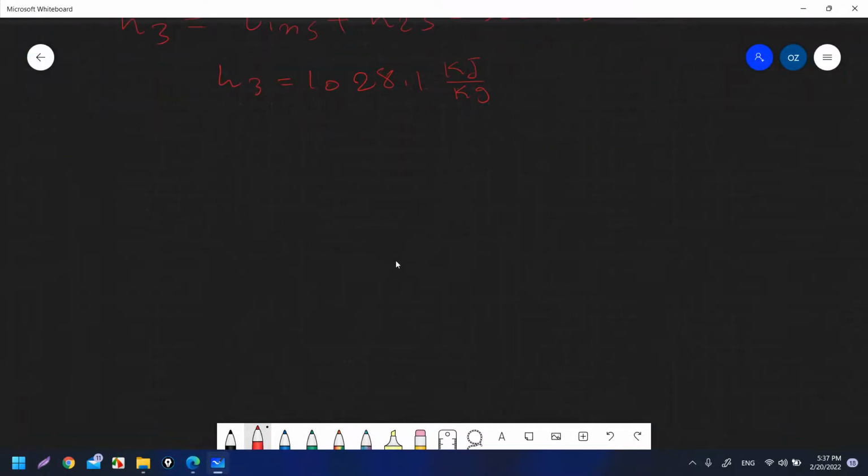Okay, so H, PR: 1023.25, 1028.1, which is H3, and 1046.04, and the corresponding values for PR are 105.2, I want to find PR3, and 114.0.